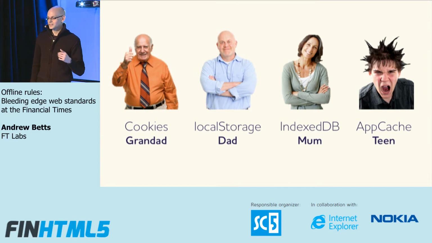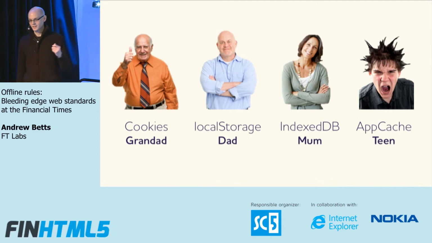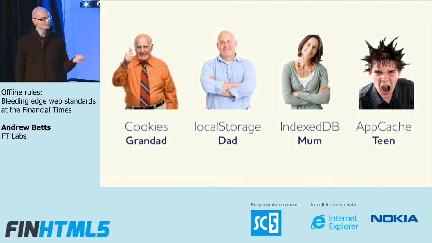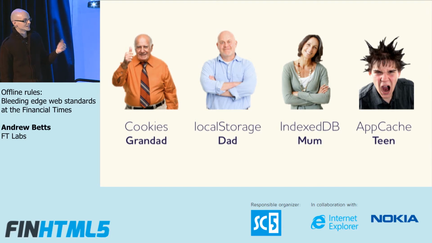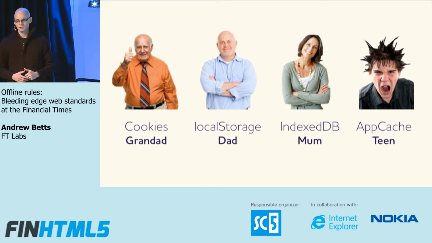Cookies is like the granddad of the family. Can't remember very much. What he does remember insists on telling everyone that will listen. Local storage is a very simple key value store. Not very organized, but knows exactly where everything is and can retrieve it very quickly.